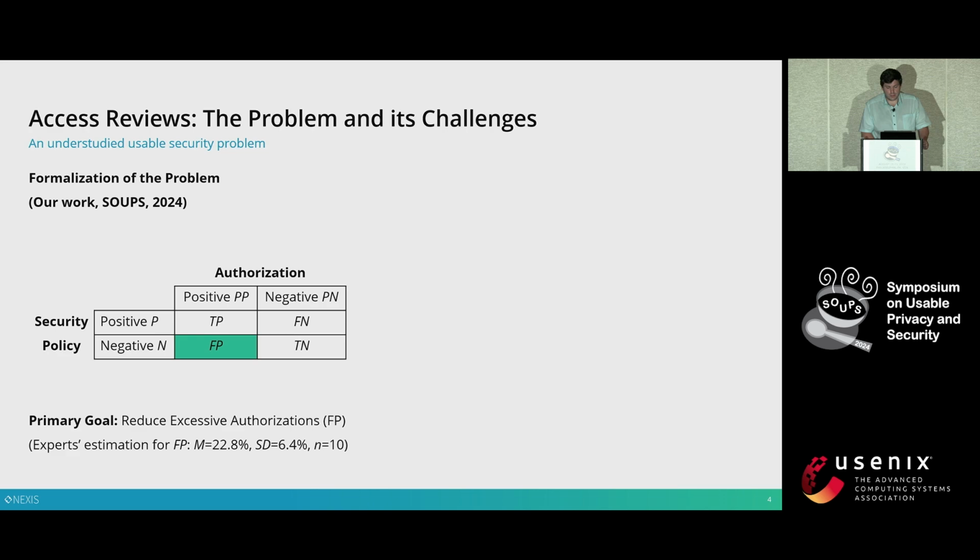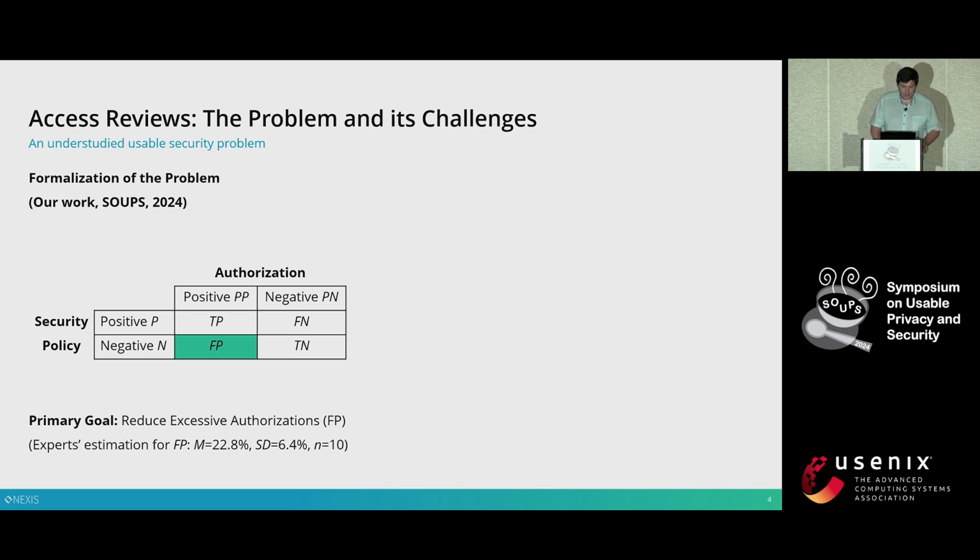Usually those are really annoying because you are stopped from doing your task, but they are not that security relevant. Much more relevant are the false positives. False positives are excessive access. So maybe you got some access right which you really shouldn't have, like changing your boss's job description or something like that. So these we need to keep an eye on.